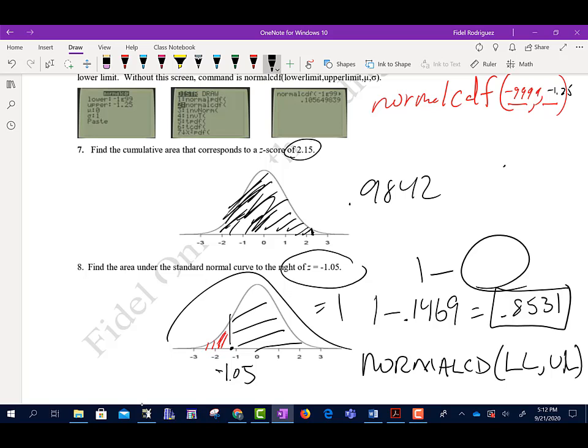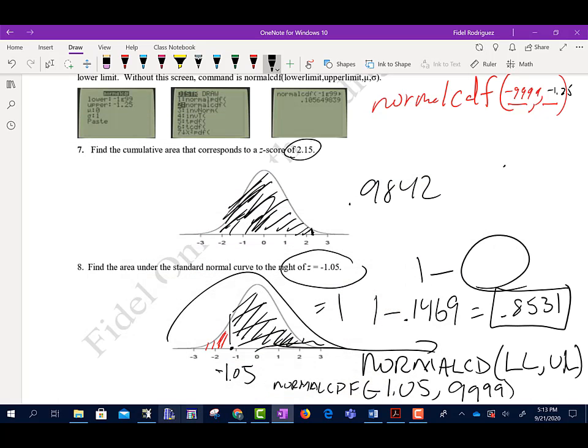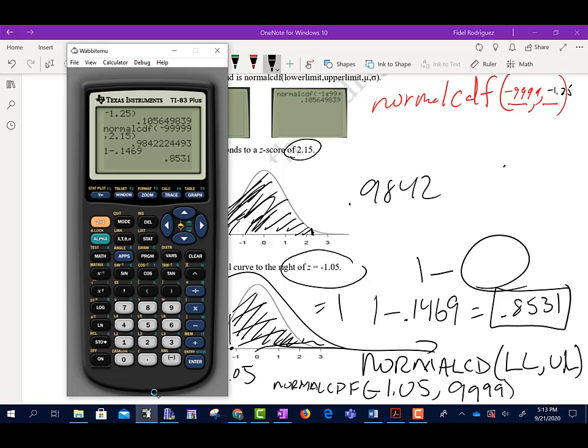I'm looking for the area to the right, so I would go normal CDF, and the first number I'm starting off at is negative 1.05. If I'm going to go all the way to the right, I'm going to go a bunch of positive 9s.